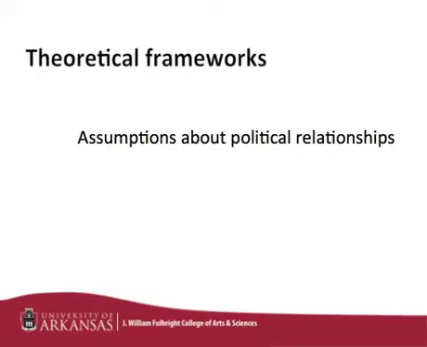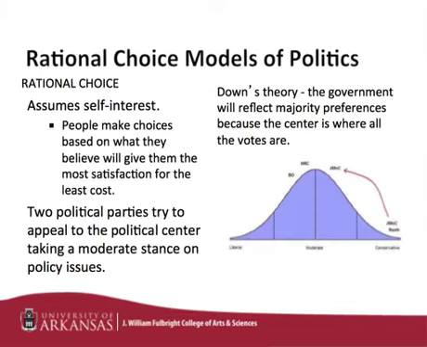So let's take a look at the theoretical frameworks that underlie these different hypotheses. And we're making assumptions about political relationships. The rational choice model of politics is the first major theory that political science deals with. And it's the assumption that there is self-interest in people and that they make choices rationally based upon the idea that they're weighing things out as far as what gives them the most satisfaction for the least cost.